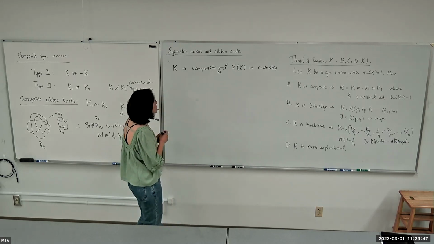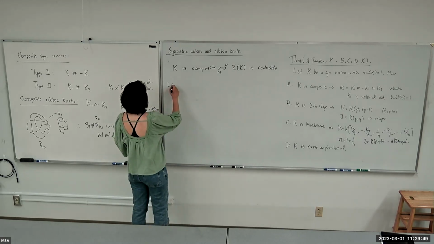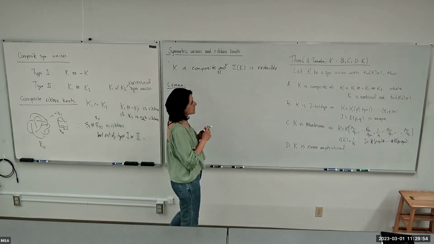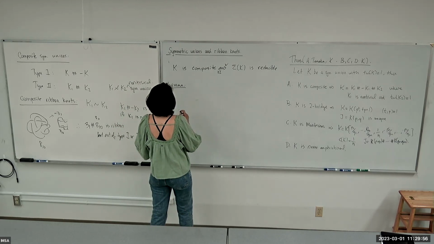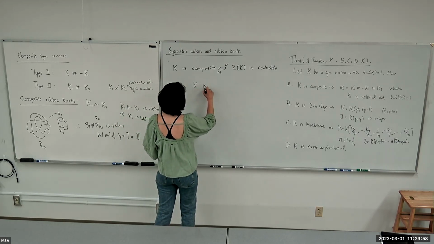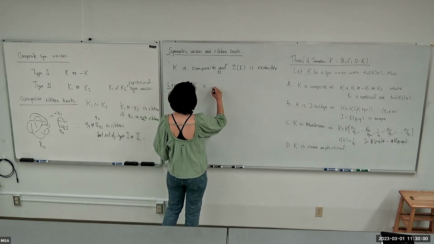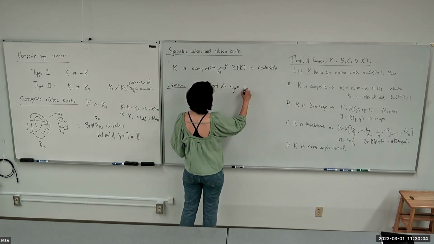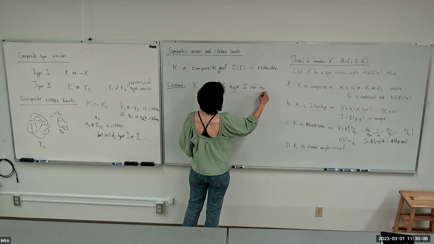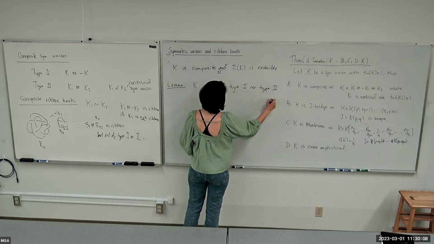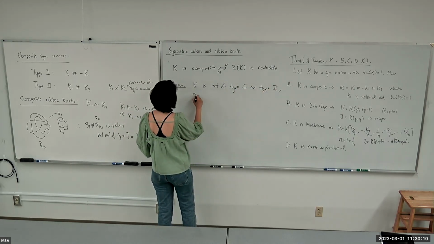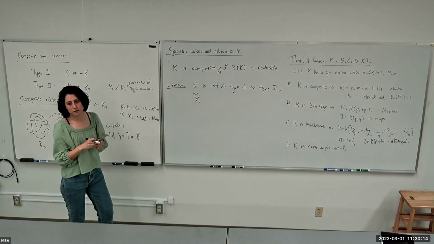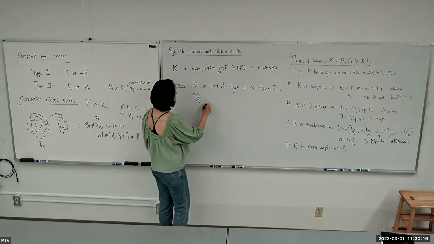So one thing that we can show in full generality, not just for twisting number 1: suppose K is not of type 1 nor type 2, then this manifold that we were filling to obtain the double branch cover is irreducible.